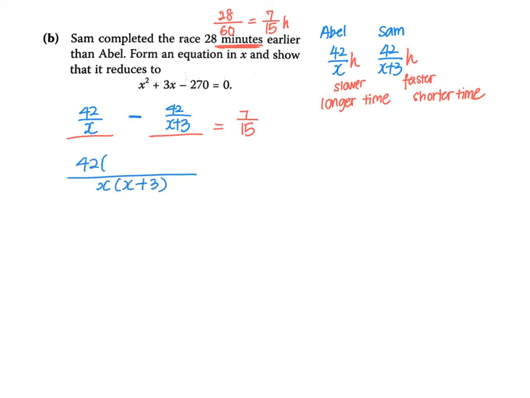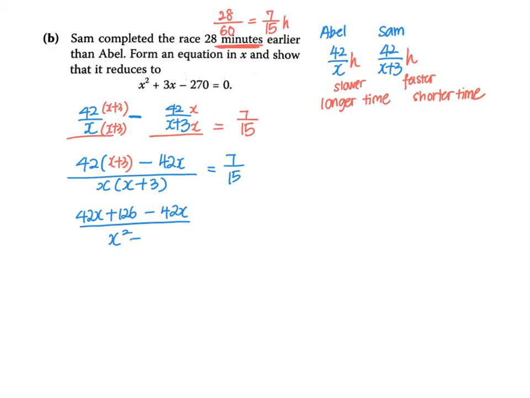So we multiply by x plus 3 over to this side, and x over at the other side, to be equal to 7 over 15. Now expanding our numerator, 126. And I can expand my denominator as well.